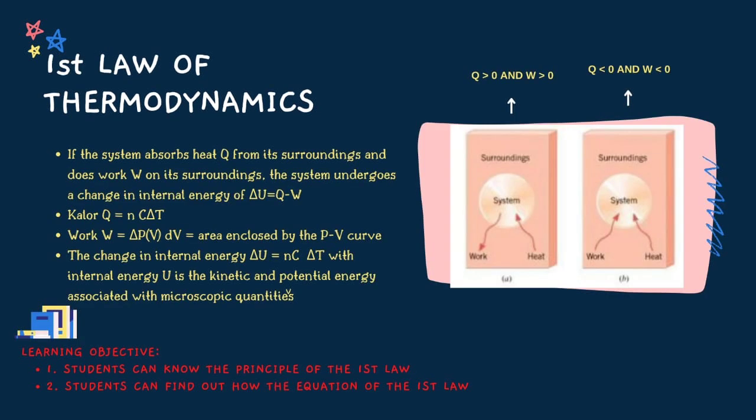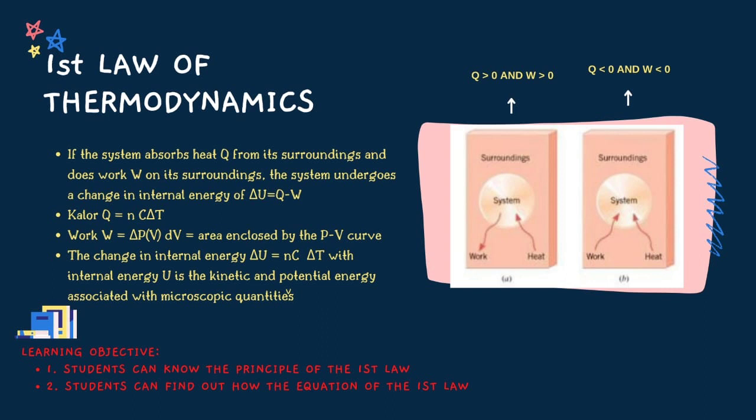Next topic is about the first law of thermodynamics. The first law says if the system absorbs heat Q from its surroundings and does work W on its surroundings, the system undergoes a change in internal energy of U equals Q minus W. The heat formula can be expressed by Q equals n times C times delta T, and the work formula can be expressed by W equals integral of P dV, equals the area enclosed by the PV curve.